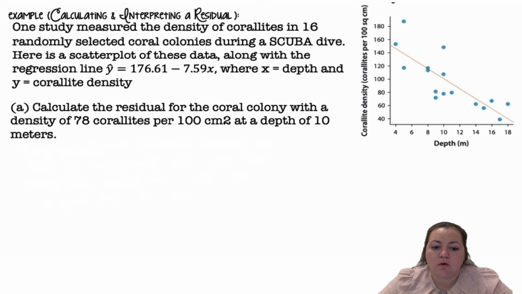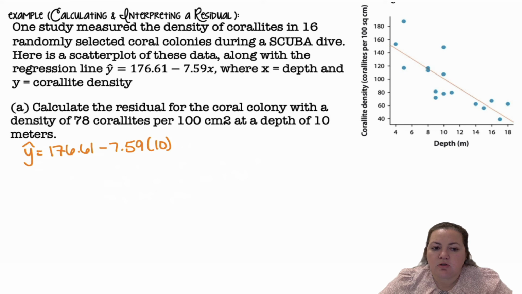Calculate the residual for a coral colony with a density of 78 corallites per 100 centimeters squared at a depth of 10 meters. Okay, so what they gave us is when the depth is 10 meters, their density is 78 corallites per 100 centimeters squared. So I have the actual value.